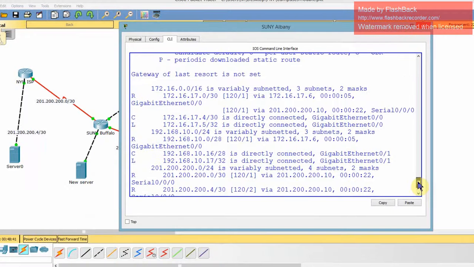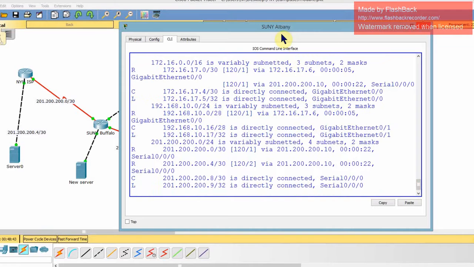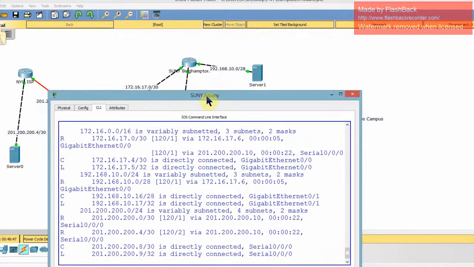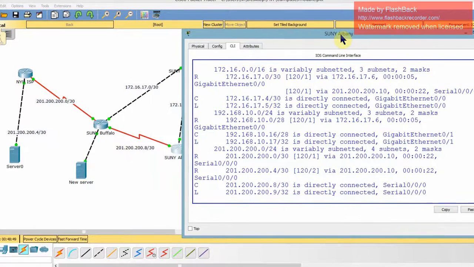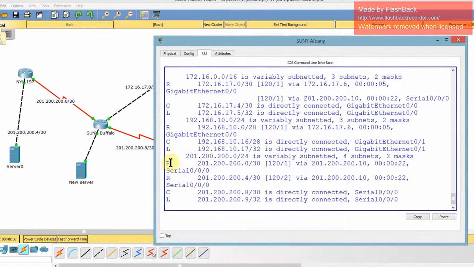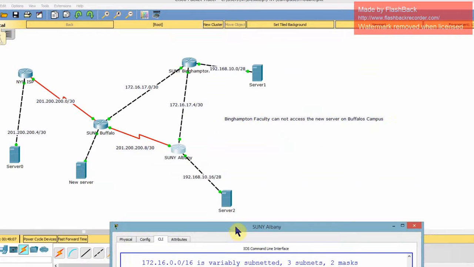Let's look at the table. We have a route for the 172.0 route, which is over there. And then we have our 10.0, the 190, which is there. We have a route for this network. And we have a route for, oh, this one.